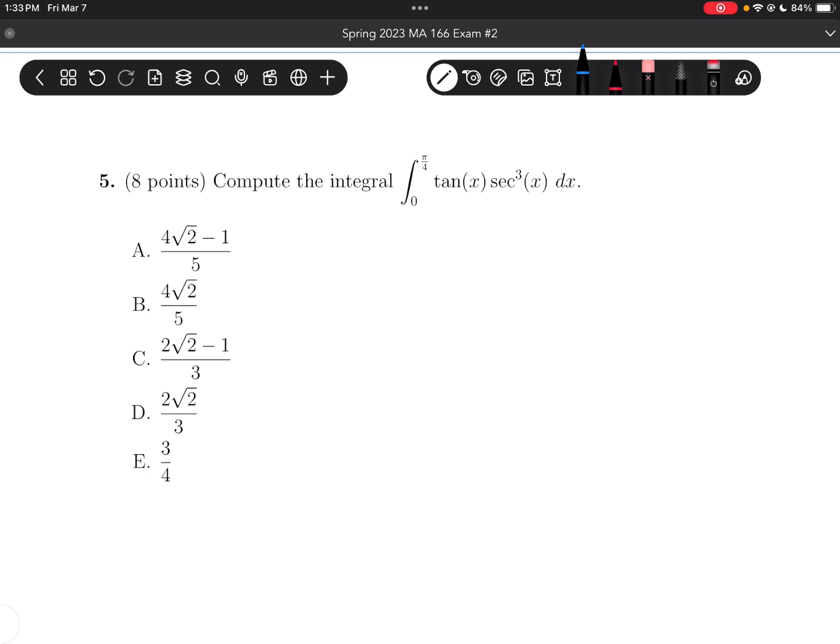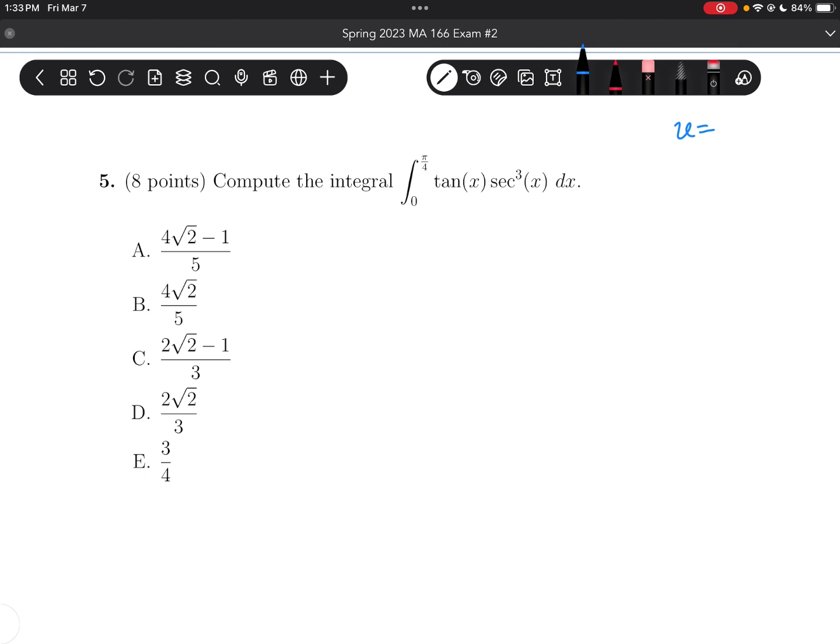And anytime we see integrals in either of those two forms, a really good option, not always, but most of the time, is u sub. And so the reason is, well, let's start off with explaining what u sub is again.